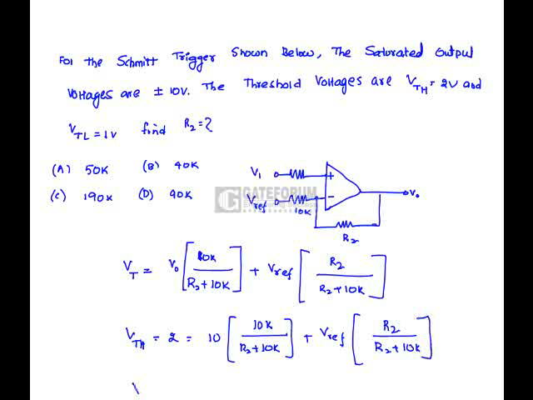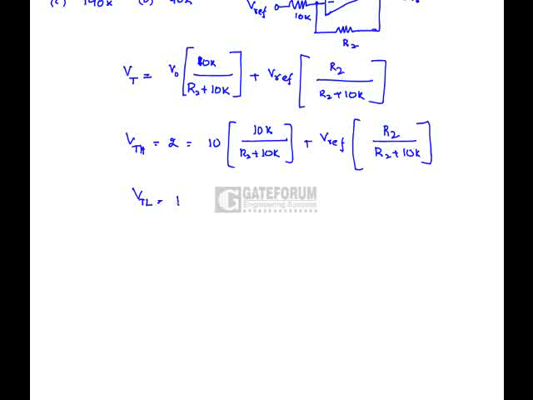So write the equation for the lower threshold voltage, which is 1 volt. This is going to happen whenever output saturated voltage is minus 10, plus V reference times R2 divided by R2 plus 10k.